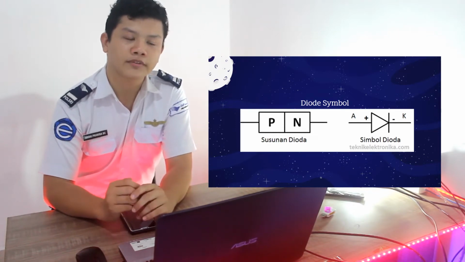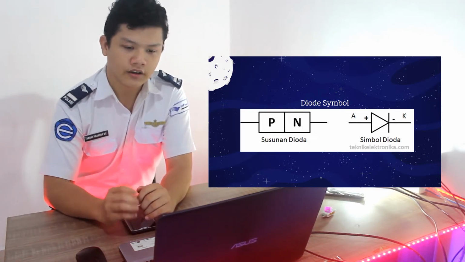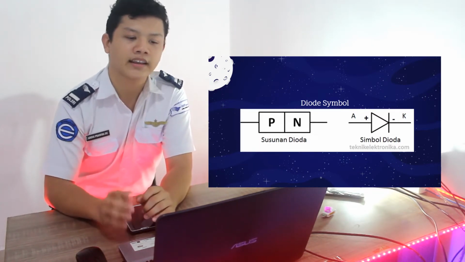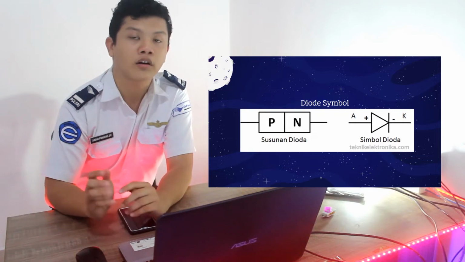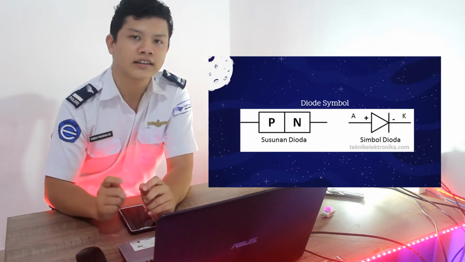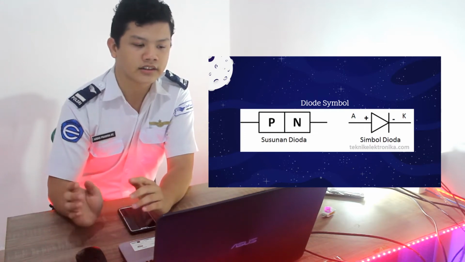Diodes are a combination of type N semiconductor material, which is material with excess electrons, and type P, which is lacking one electron, so it forms a hole. A hole in this case functions as a charge carrier.